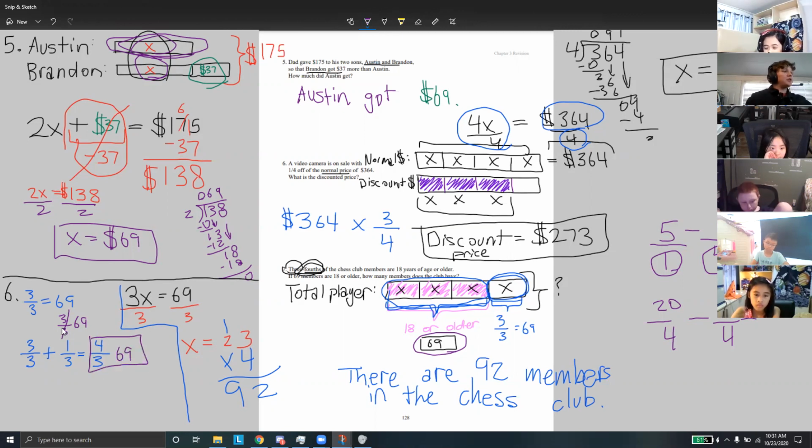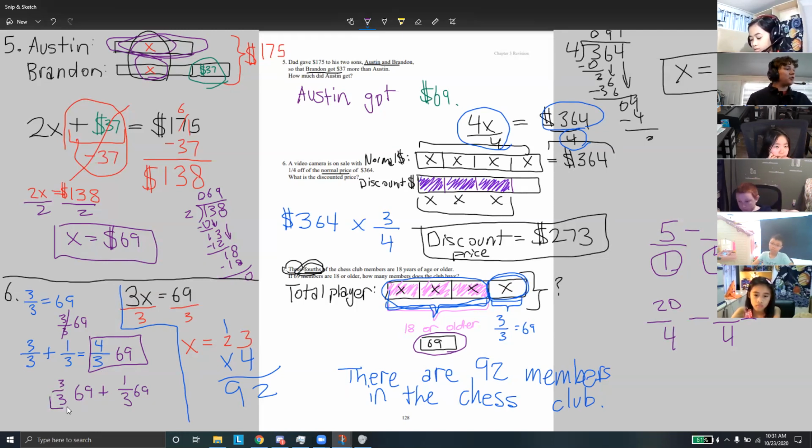But if we want to do the trick, if we did 69 times 4 out of 3, we already know 69 times 3 out of 3 is 69, but with that 4 out of 3, we're actually going to be adding, this is the same as 69 times 3 out of 3, plus 69 times 1 out of 3. You guys see how these are both the same. 4 over 3 times 69 is the same as 3 over 3 times 69 plus 1 over 3 times 69.